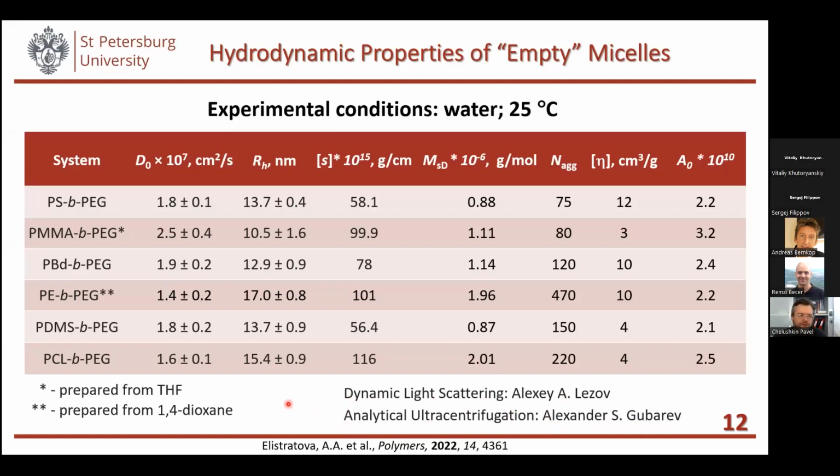Due to their efforts, we found that our micelles are very compact. Their radii do not exceed 17 nanometers, but they are not only compact, but rather massive, because their masses can reach up to 2 million daltons, with typically several hundreds of aggregation numbers.